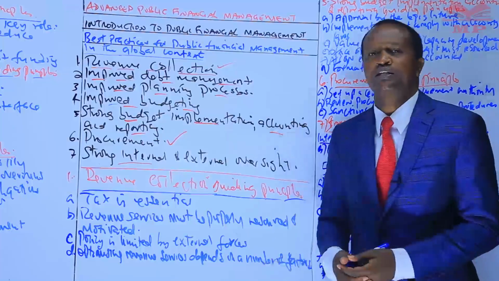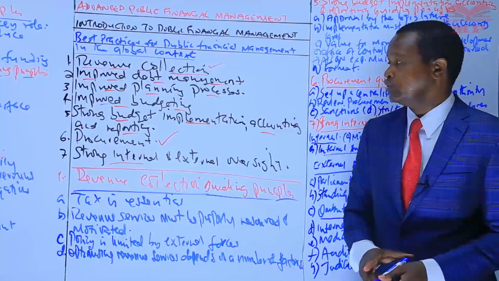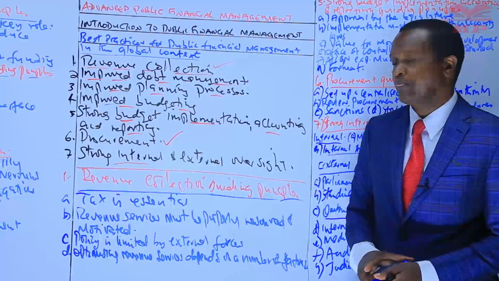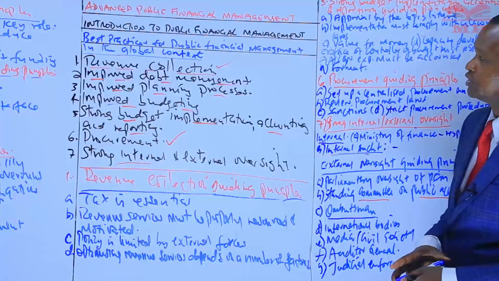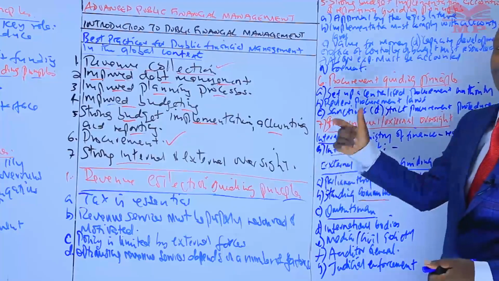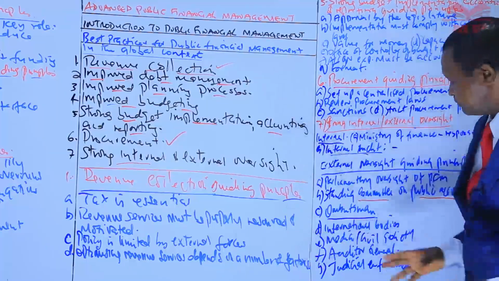Regulations may be contained in the subsidiary legislation that could be developed by the Cabinet Secretary in relation to the budget process or any other processes in the public finance management system.